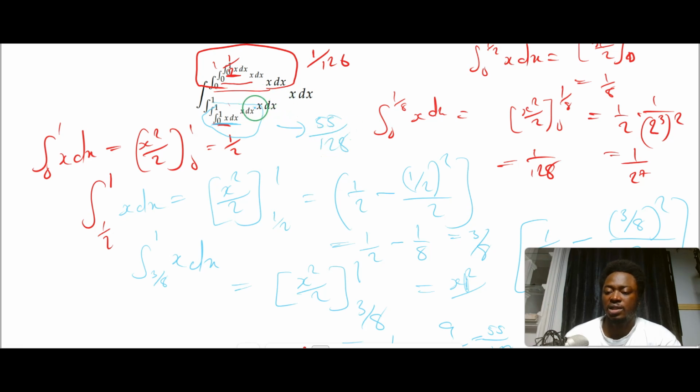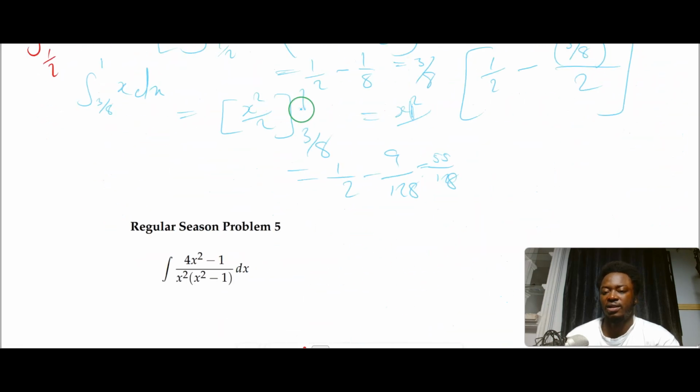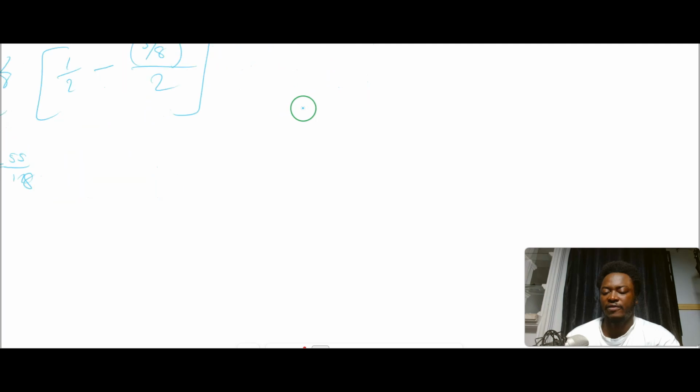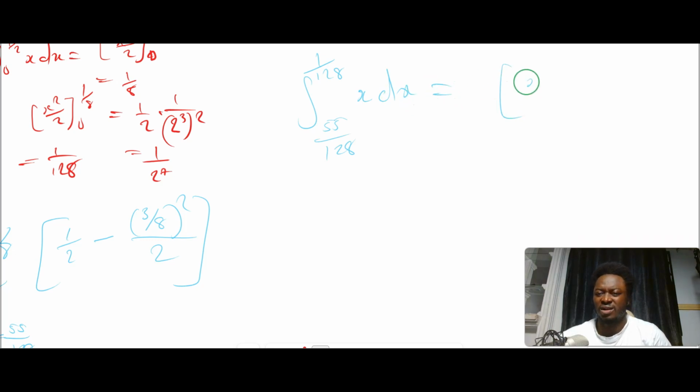Now since this integral is positive, you should expect the answer to be negative. So we're going to evaluate finally that the final answer should be the integral from 55 over 128 to 1 over 128 of x dx. So that would be x squared over 2 from 55 over 128 to 1 over 128.